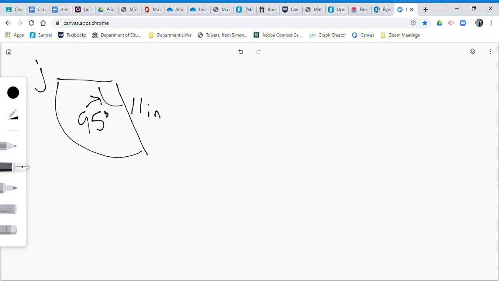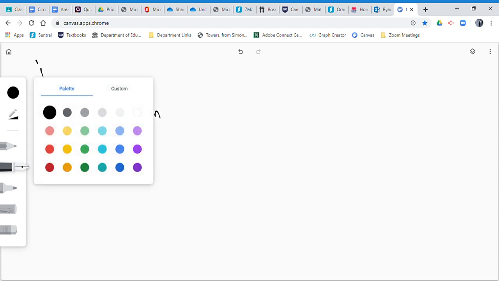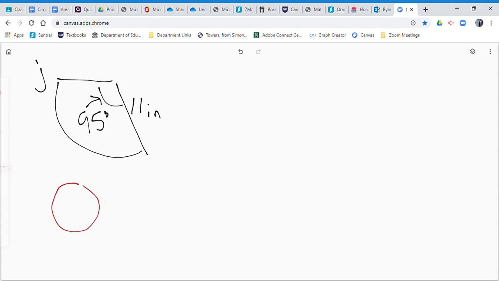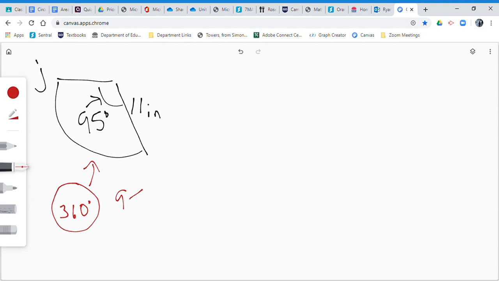Okay. So number one, you can think of a circle as having 360 degrees. If we give you a full circle, that's 360 degrees. That sector is only a portion of it. It's 95 parts of 360 degrees.